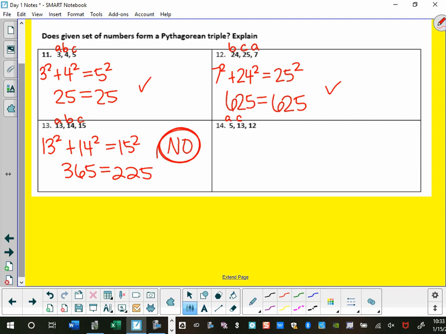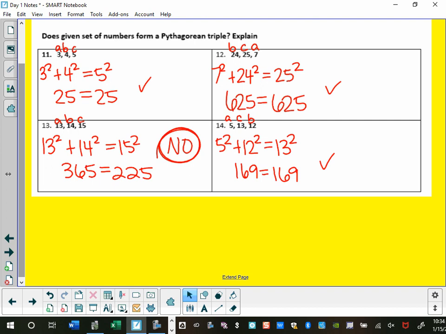Did you say 5 was A? Yeah. 5 squared plus 12 squared equals 13 squared. Did you get 169 is equal to 169? Get that?